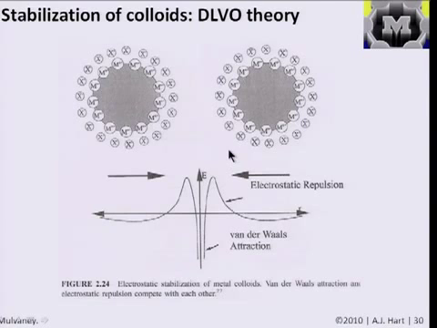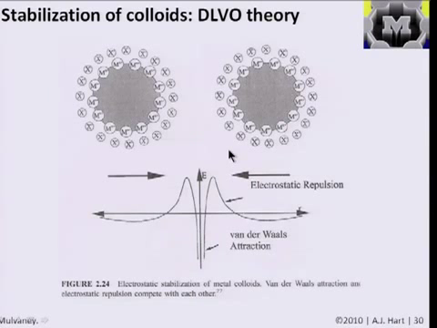This doesn't mean that every particle in solution has a specific separation, because they're moving around with diffusion and Brownian motion, but it means that they are a stable suspension, and these interactions are preventing them from going very, very close together.